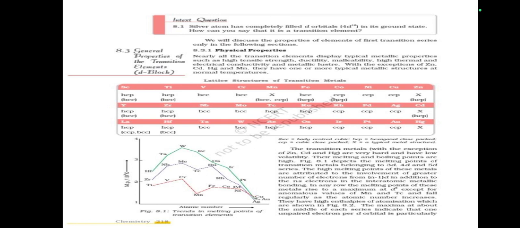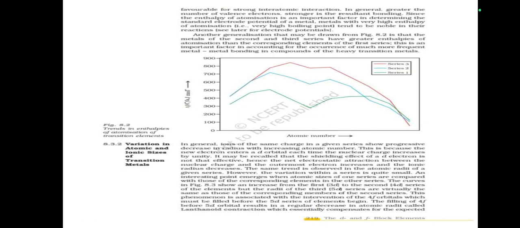The maximum at about the middle of each series indicates that one unpaired electron per d orbital is particularly favorable for strong interatomic interaction. In general, the greater the number of valence electrons, the stronger is the resultant bonding.